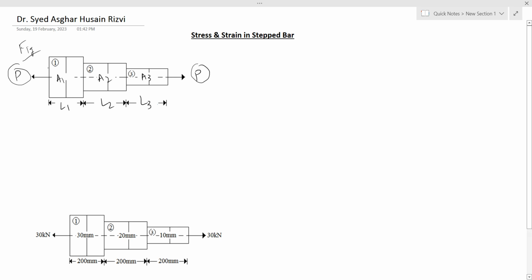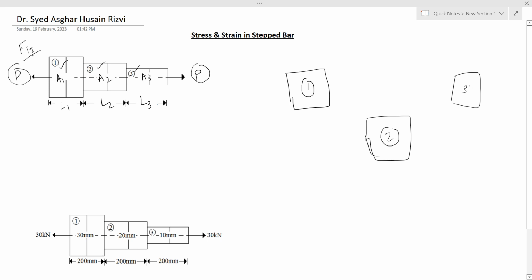Here we have three sections 1, 2 and 3 of the bar. First of all, we will make the free body diagram of all the three sections like this. This is section 1, this is section 2 and this is section 3.